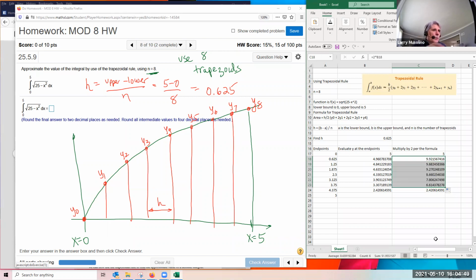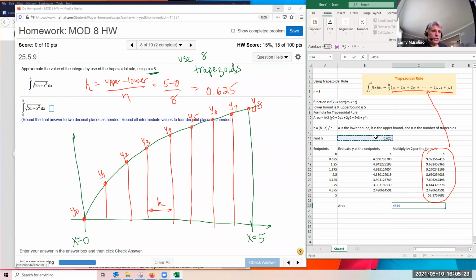All right. So what I have here is the sum. This is representing this parenthesis right here. Okay. So let me add up those numbers. So I'm going to say here equals sum of these numbers. But if I want to find the area, I've got to take h divided by 2.